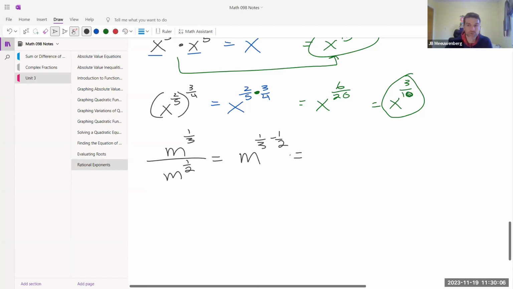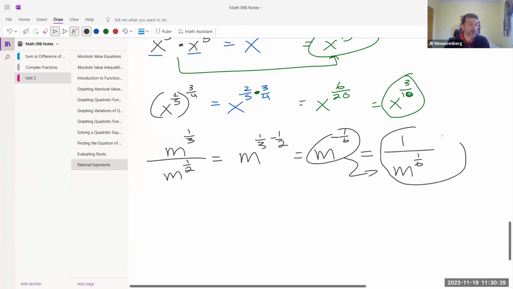You can, of course, use your calculator to do this, but what you will find is that it's m to the negative 1/6. Of course, we don't want to leave a negative exponent. So what do we do? We bring our entire base to the bottom, but then our exponent becomes positive. So this is 1 over m to the 1/6.